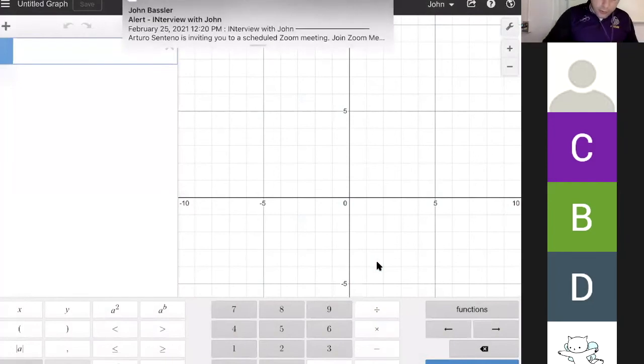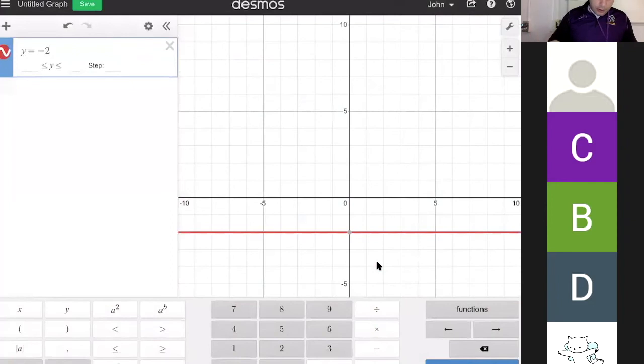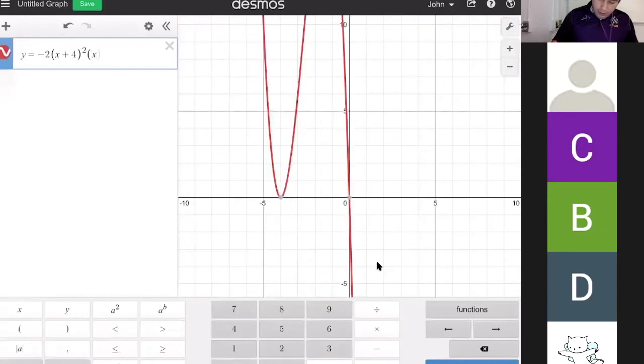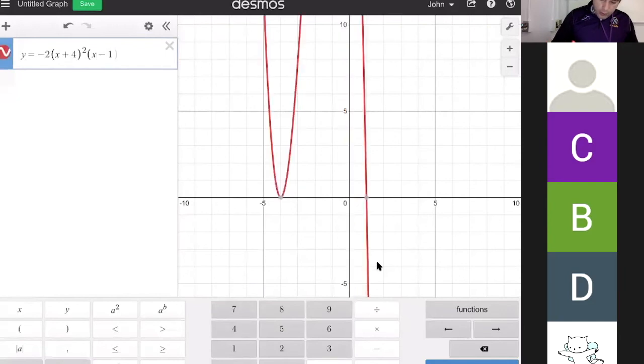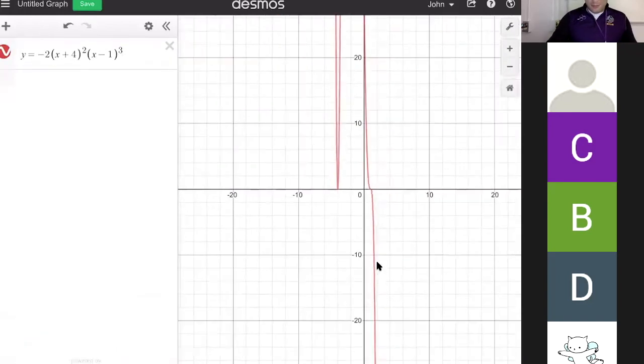All right, so y equals -2, parentheses x plus 4, close parentheses, squared, parentheses x minus 1, close parentheses, cubed. All right, not bad, right?